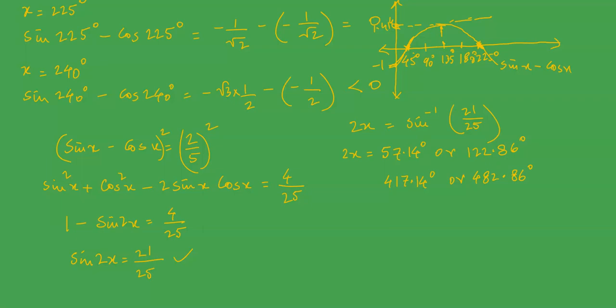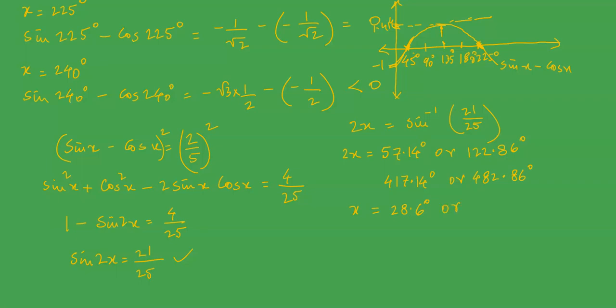And these are the values of the 2x angle, but we need the x values, so we will be dividing all of them by 2. So dividing 57.14, and they have asked us to give to one decimal place, so I am writing only one decimal place values. 28.6 will be half of 57.14.